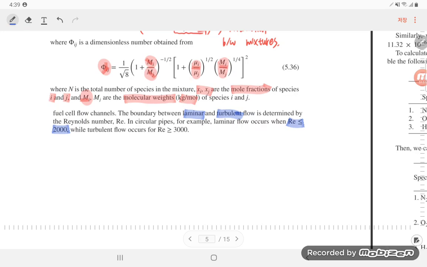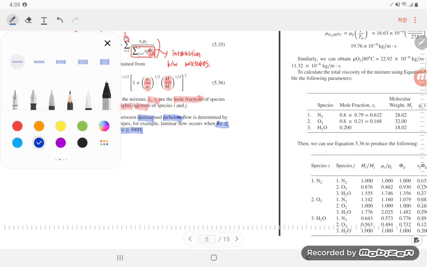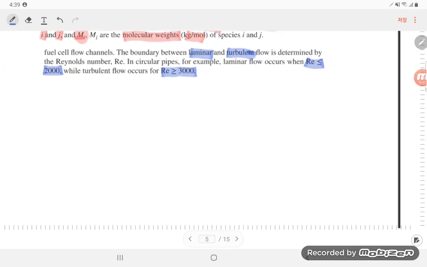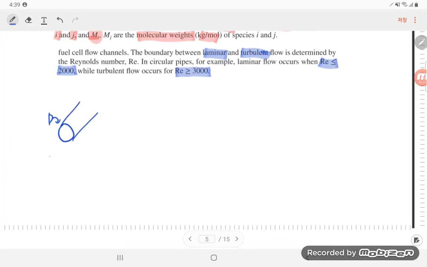Turbulent flow occurs over 3000, but if you set only one value, then for the internal flow with a circular shape of diameter D, the critical Re_D is about 2000.